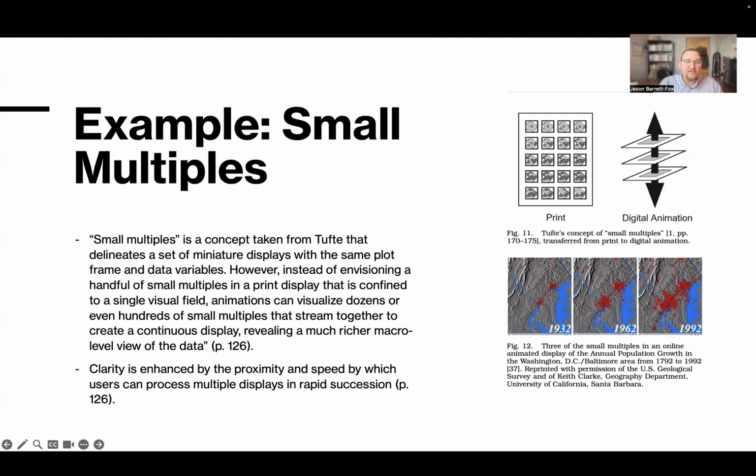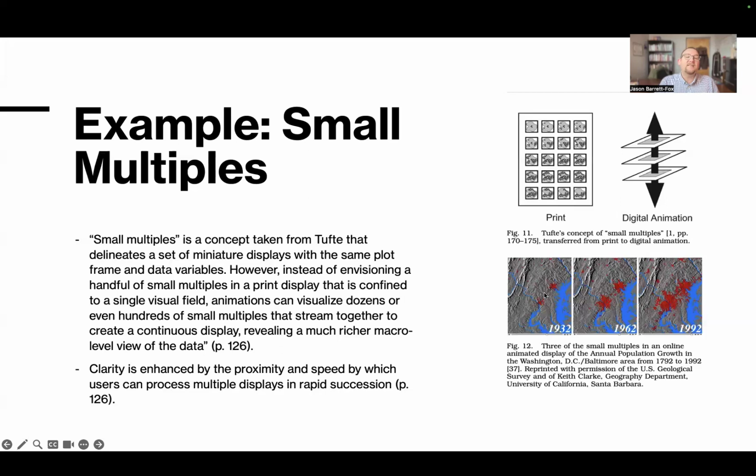But instead of envisioning things that way, animations can visualize dozens or even hundreds of small multiples that stream together to create what we perceive as a kind of continuous display, revealing a much richer macro level view of the data. And there you can see this in these bottom columns where you see small multiples in an animated display of population growth in Washington, D.C. between 1792 and 1992.